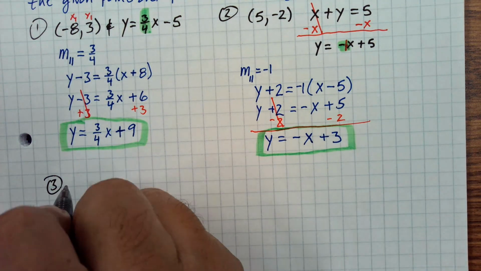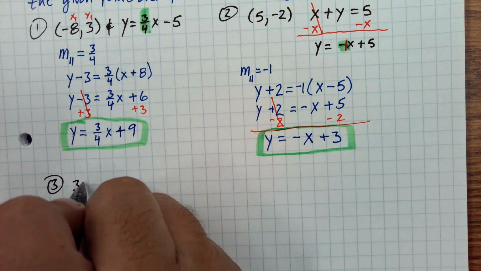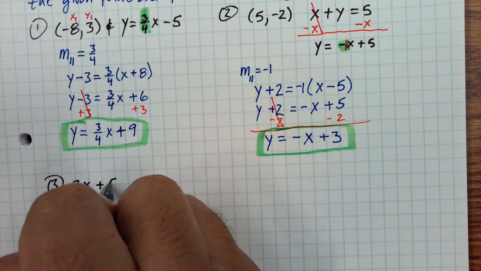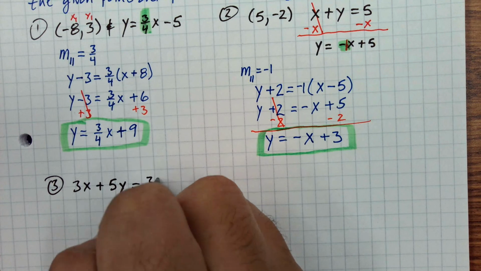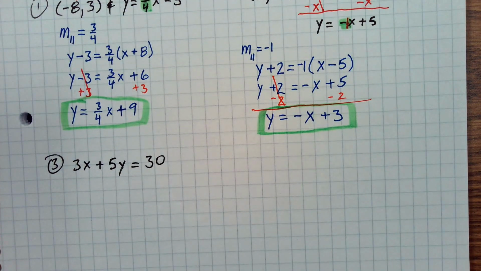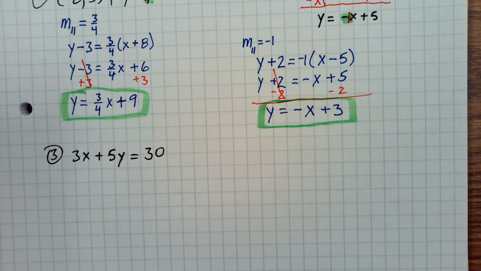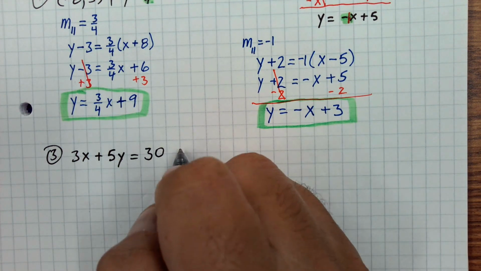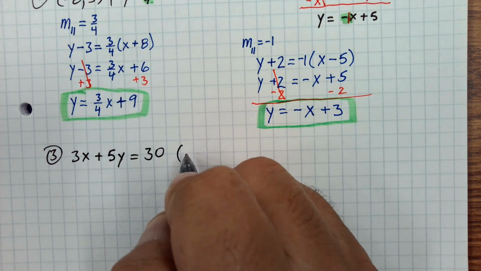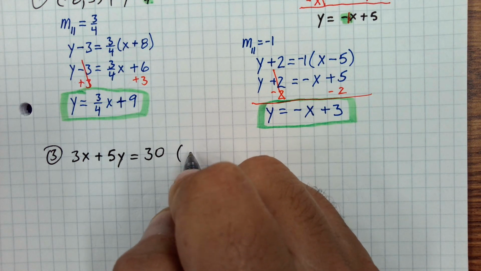So the equation is 3x plus 5y equals 30. And we wanted to go through the point 5, 3.